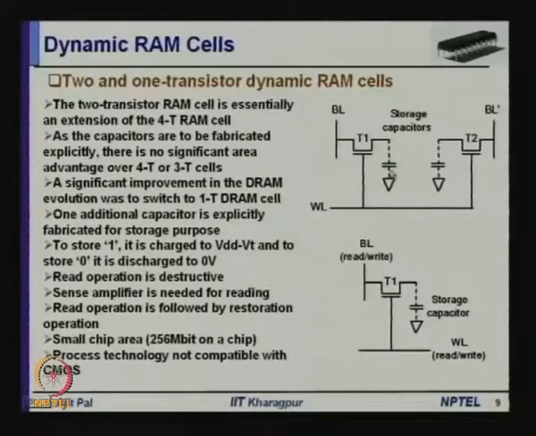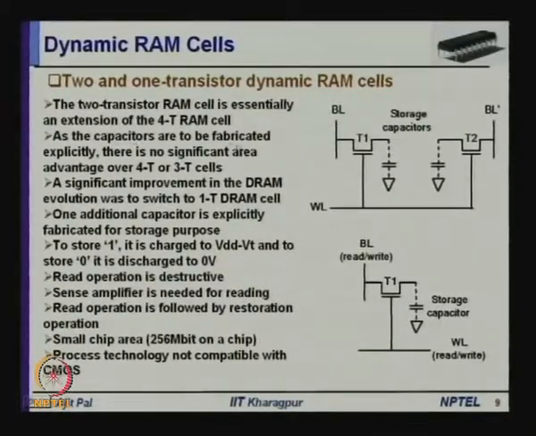As you already know, you can fabricate a MOS capacitor on the substrate with silicon dioxide, and on top of that you can deposit polysilicon, which will form a MOS capacitor. It is essentially the gate region portion. So, you can fabricate MOS capacitors explicitly, where you have to store information.